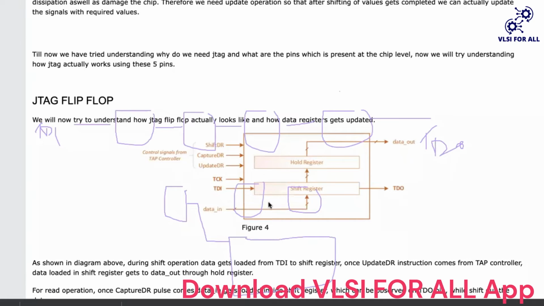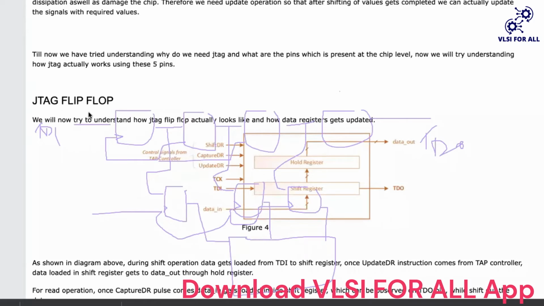So these are the three pins I need to control. And these flops are connected to update DR, and these are connected to the shift operation and basically your clock.